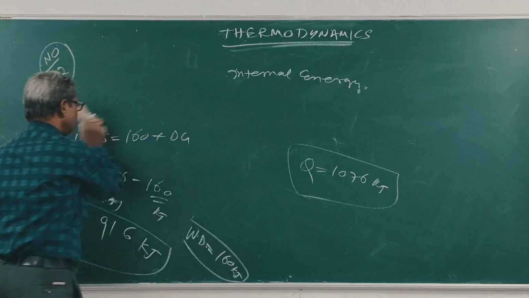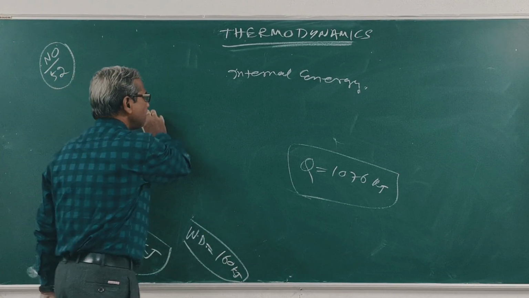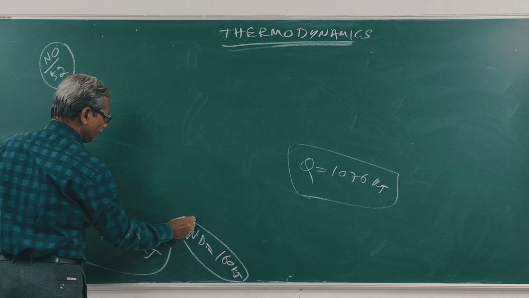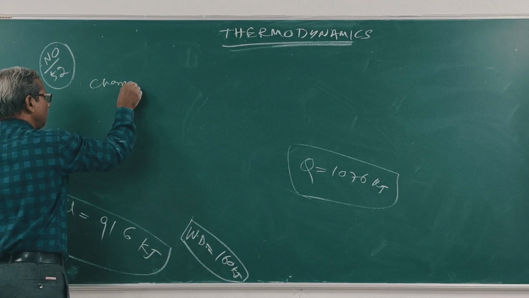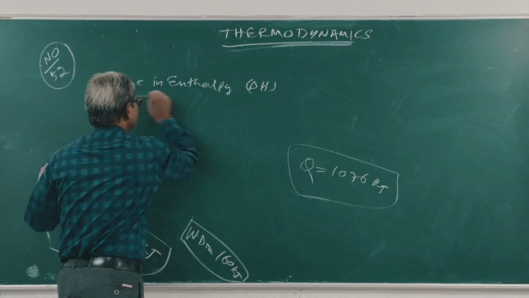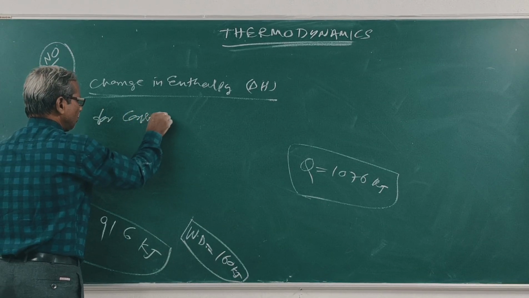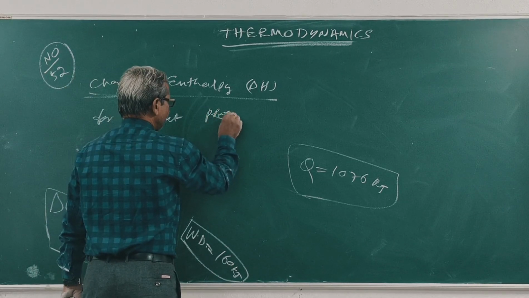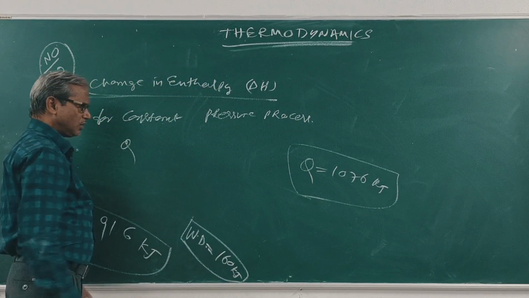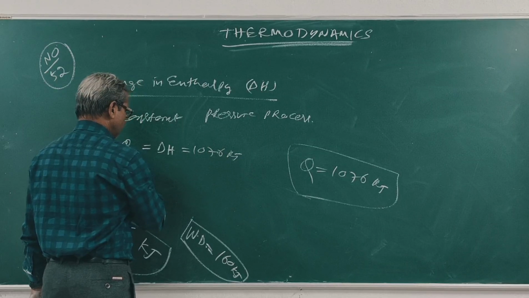Now change in enthalpy, del H. Right? For constant pressure process, Q is equal to del H, which is equal to 1076 kilojoule, right?